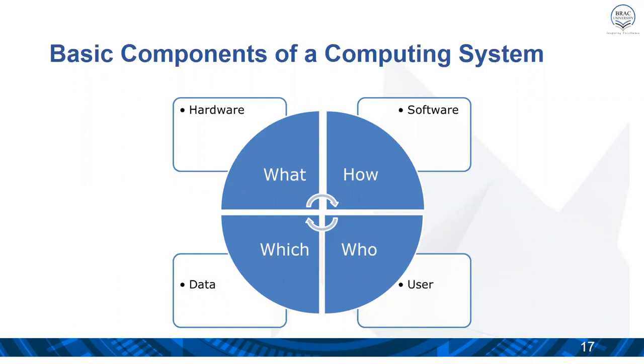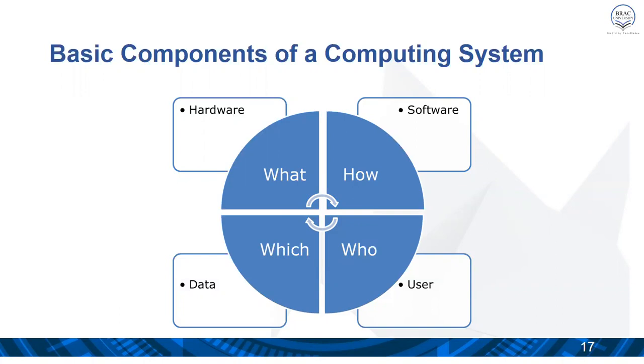From the figure, we can also see four keywords for four different components of a computing system. These are what, how, who, and which. What refers to the physical hardware components of the computing system.